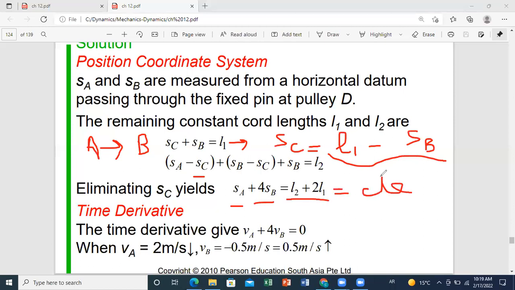And now, after eliminating SC between the two equations, when you derive this relation with respect to time, you get that VA plus 4VB equals 0.